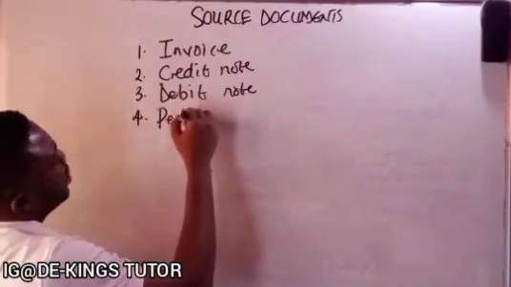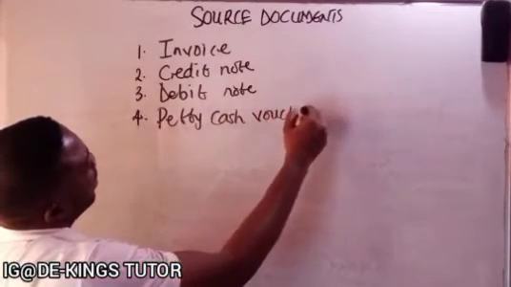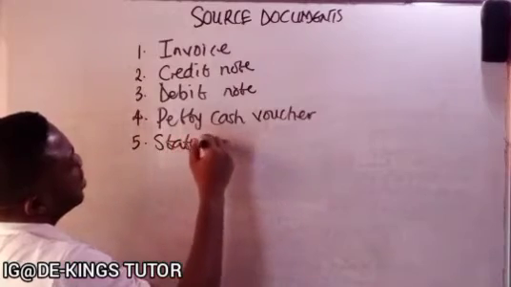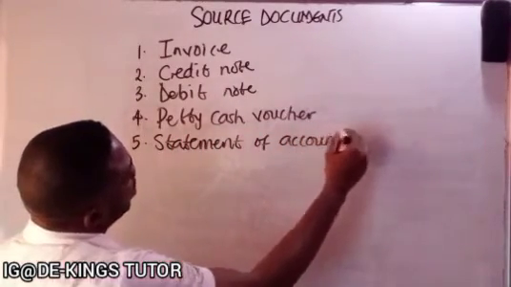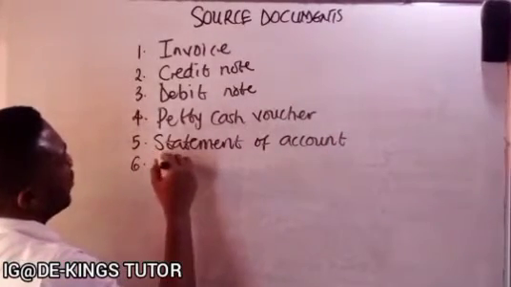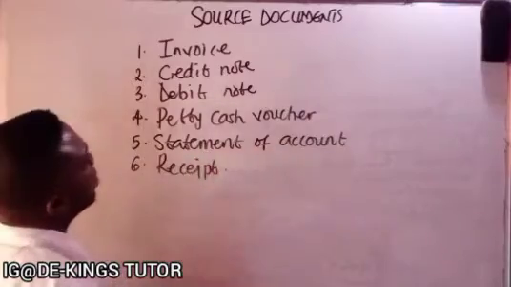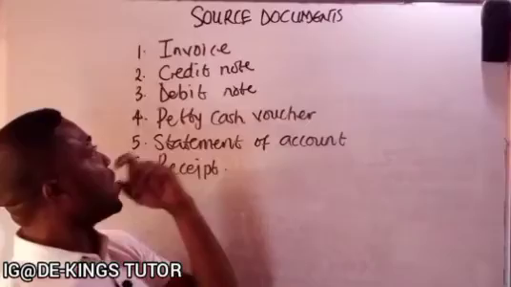We have what is known as the petty cash voucher. We have what is known as the statement of account. And we have the receipt. Okay, so these are the aspects of the source document.